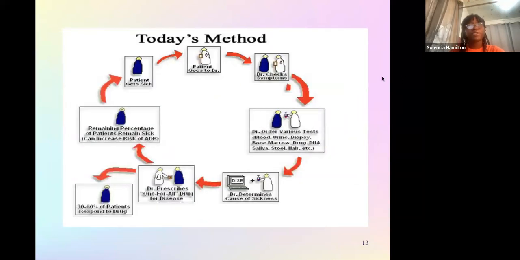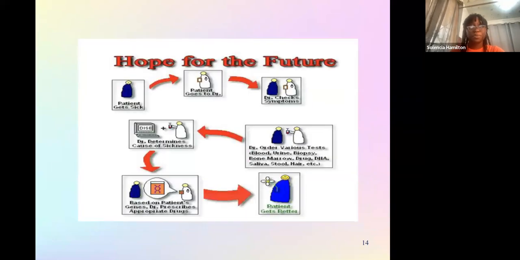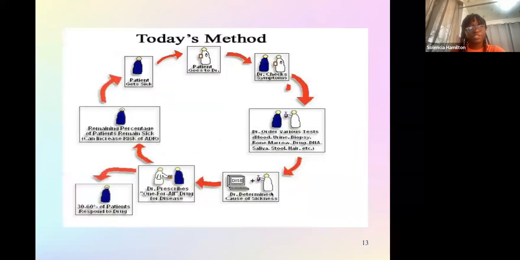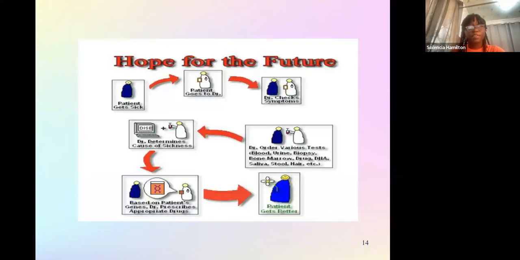And of course, that's dangerous because there can be something wrong with you without you having symptoms. So now this is our hope for the future. Our current stage is mostly a mix of the traditional with the futuristic version of medicine that we like to think of.